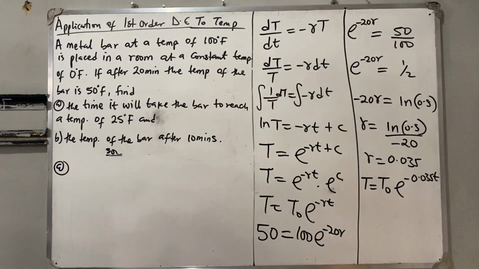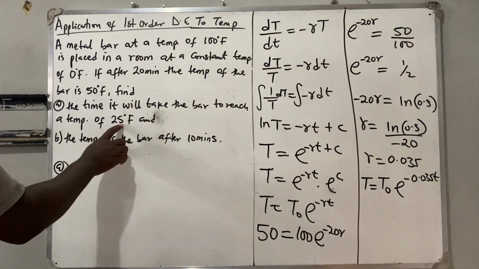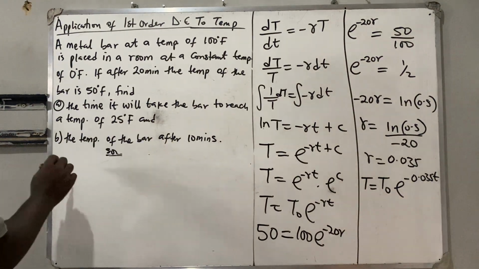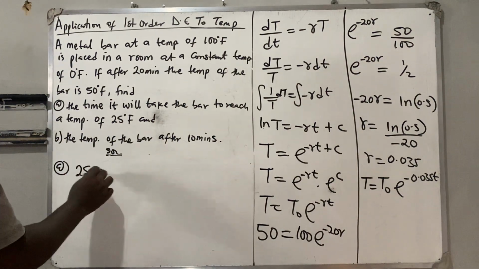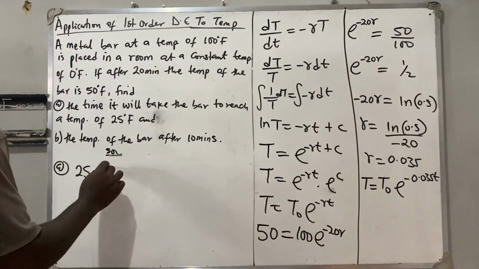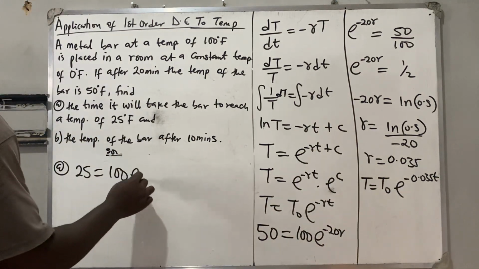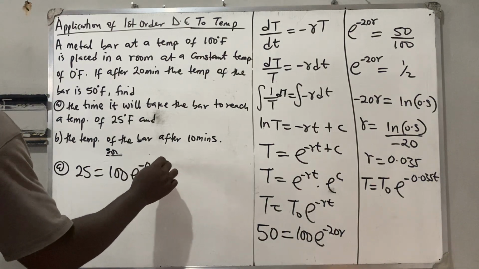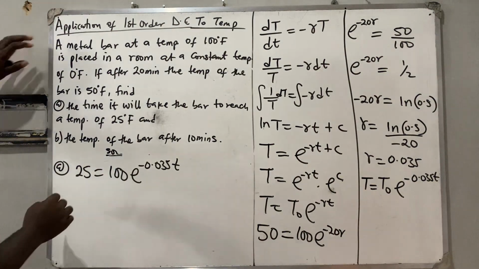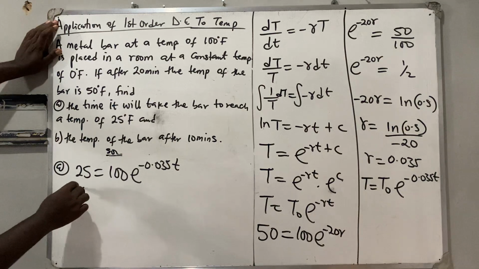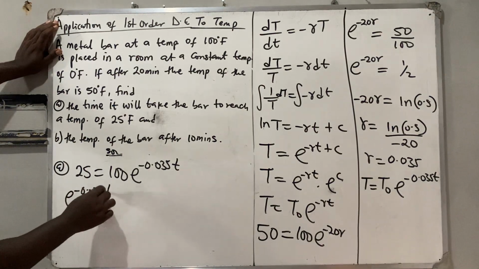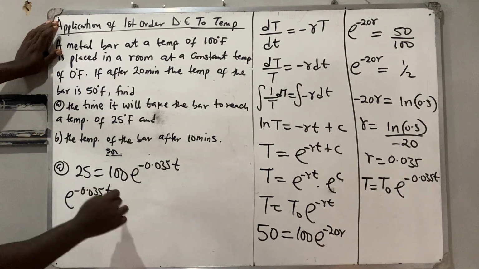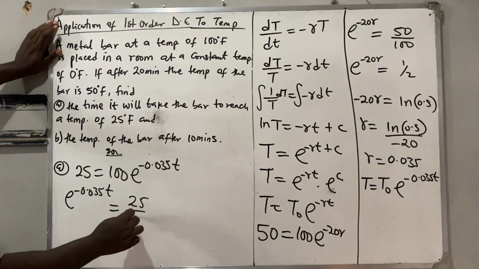Okay. So to answer the first question, question A said we should calculate the time when the current temperature is now 25. So we now have that 25 is equal to, using this formula, the initial temperature, which is always 100, exponential minus 0.035 t. Okay, so exponential minus 0.035 t will now be equal to this divided by this, that is 25 divided by 100.